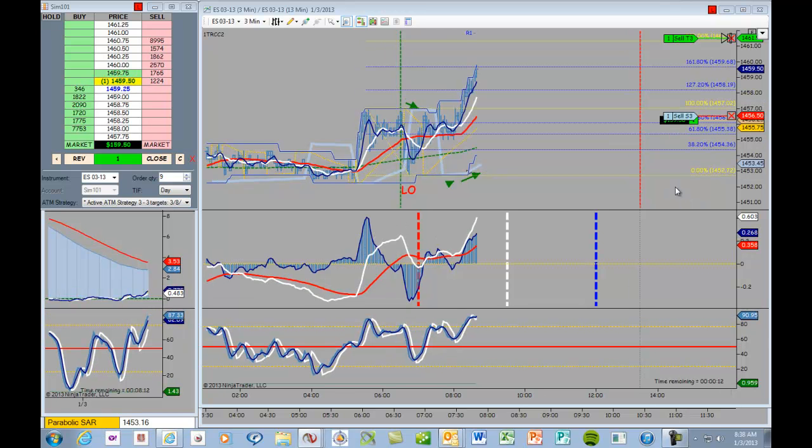Okay, we have temporarily reached and exceeded the 161.8% level based on the retracement of the highest high from the second previous momentum module and the lowest low of the directly previous momentum module.